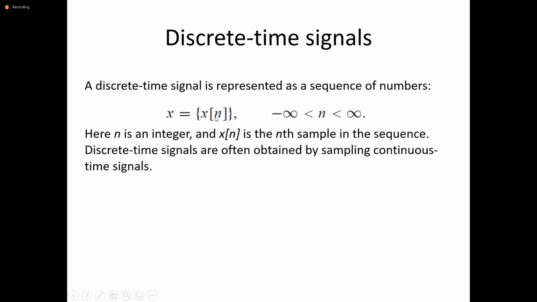Our integer n inside the square brackets represents the number of the sample that we are processing. So it may be the first, second, third, and so on. n is always going to be an integer, never anything but an integer.